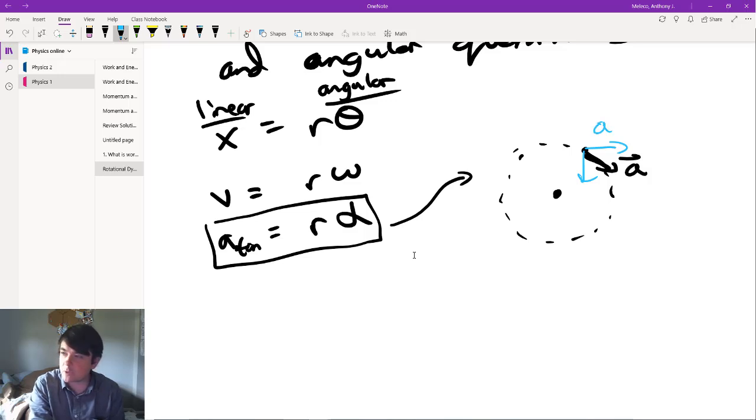You can break it into components. And those components are a tangent, or this is the tangent acceleration. Sorry, it's probably a poor choice to say this was tangent to the circle and this being the tangent. Don't worry about it. This one points along the circle, I guess. Probably a poor choice of words.